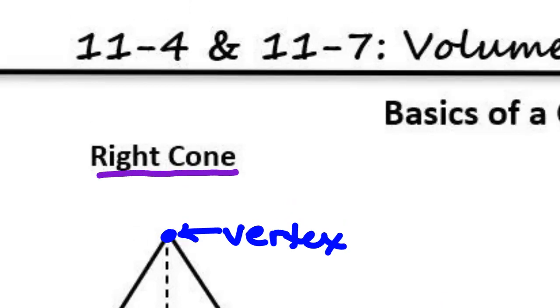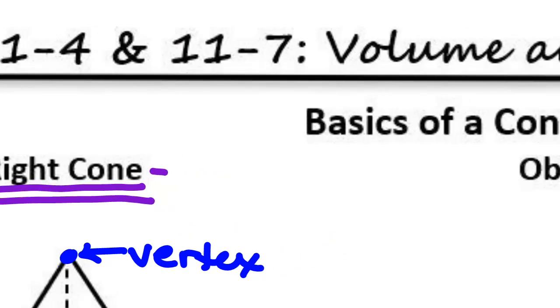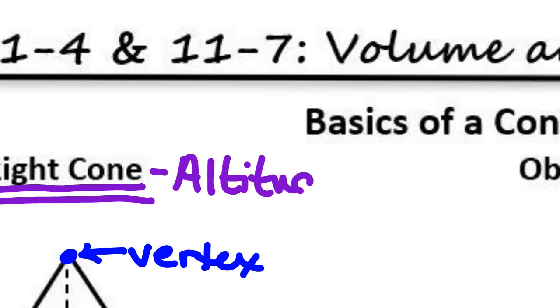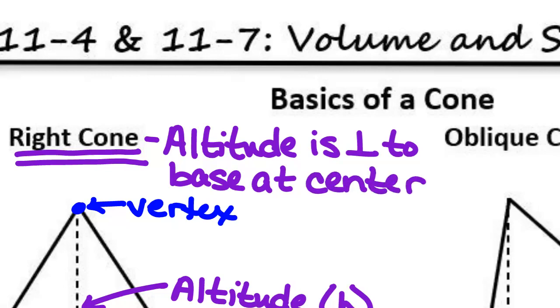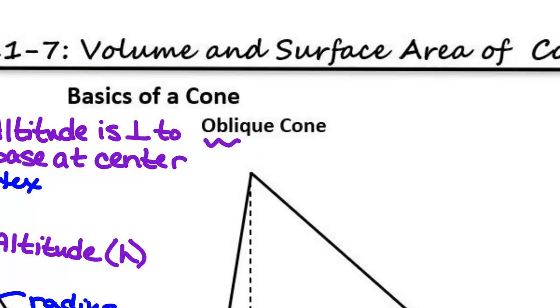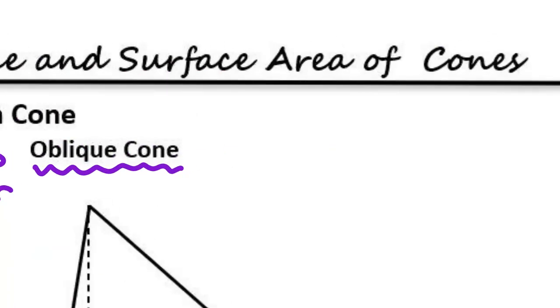In a right cone, the altitude is perpendicular to the base at the center. In an oblique cone, the altitude is perpendicular to the base, but not at the center.